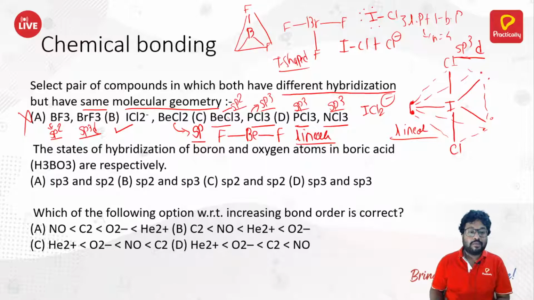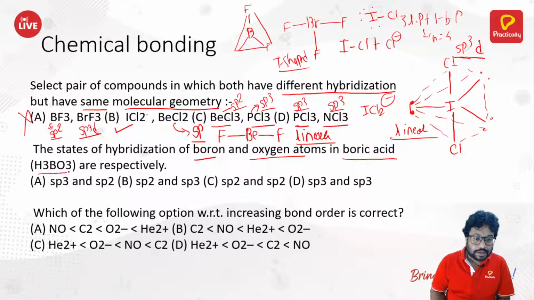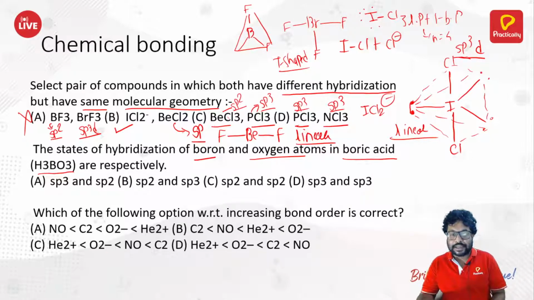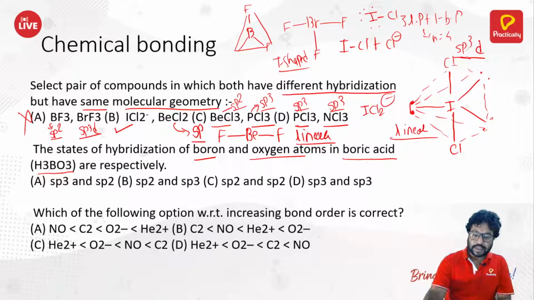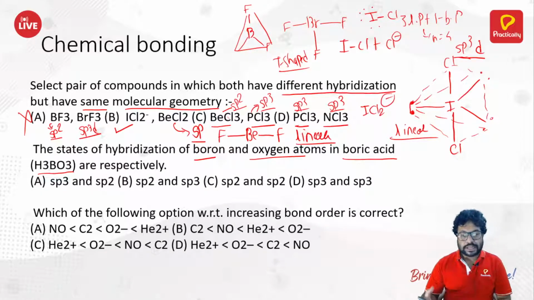Next, moving ahead, the states of hybridization of boron and oxygen atoms in boric acid, that means H3BO3, respectively. Now there is very little space here. We might need to go to the next slide. Let's write the structure of H3BO3, boric acid, there. We'll come to know its hybridization also.